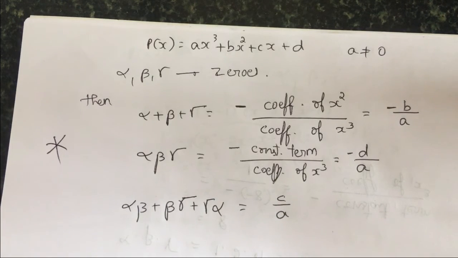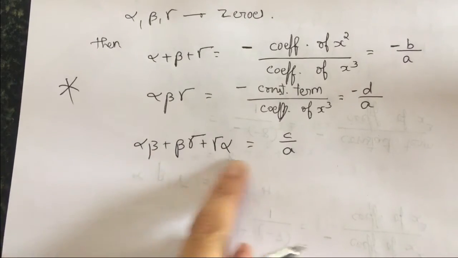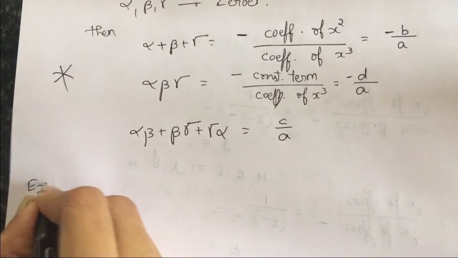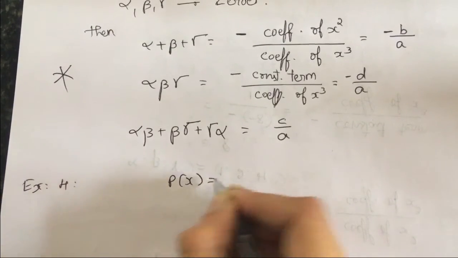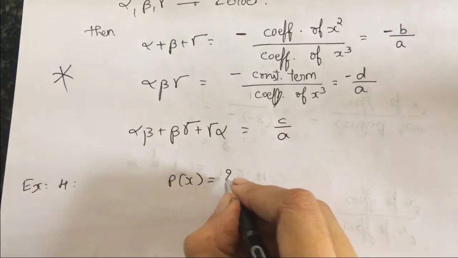So we'll explain this with one more problem, because in the last problem we have not done this. They are giving you the polynomial, say p of x equal to, and you need to find p of x.